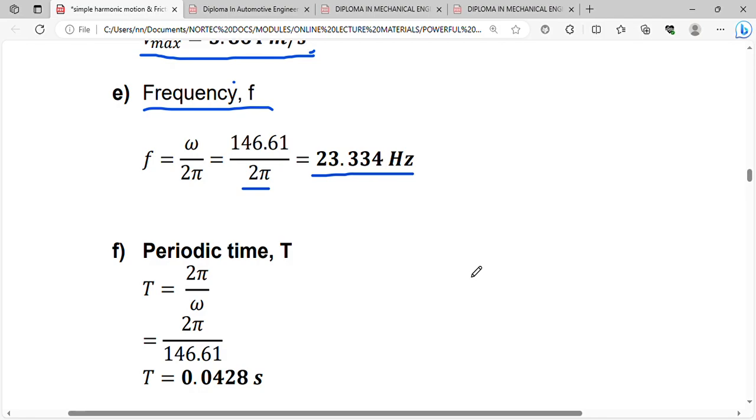If we are talking about an engine, it means it has managed to make 23.334 cycles during a period of 1 second. But let's see, is your calculator verifying that? 23.334 on the frequency?